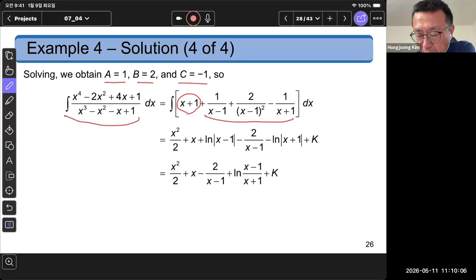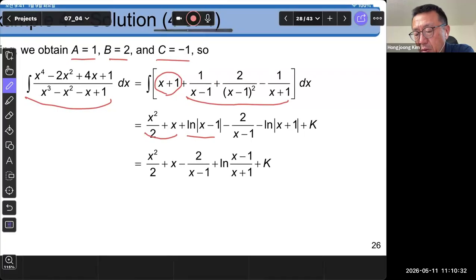Now, as I said, x plus 1 can be easily integrated. 1 over x minus 1 can be integrated to become ln of the absolute value of x minus 1, and 1 over x minus 1 squared is integrated to become negative 1 over x minus 1, and you just multiply by 2. And then the minus 1 over x plus 1 is integrated to become ln of x plus 1.